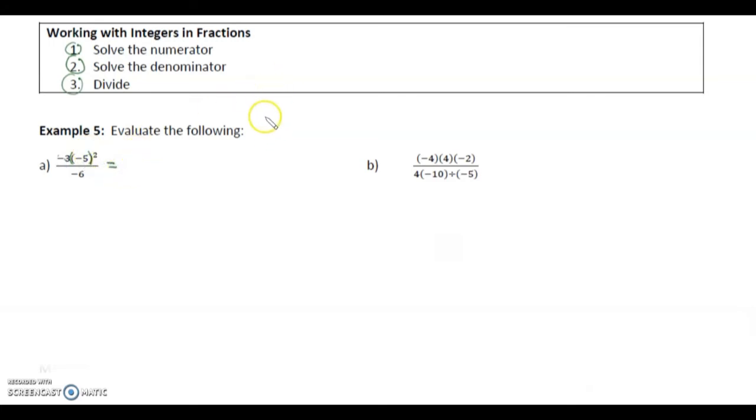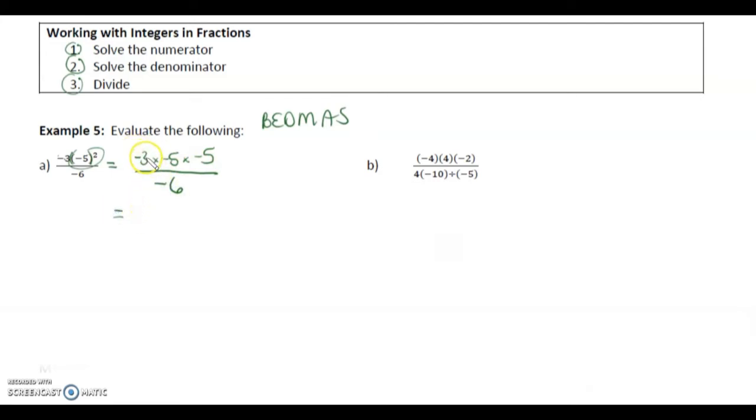A little bit of BEDMAS here, but we will get into BEDMAS a little bit deeper. This is mainly just multiplication and division. So what we have here is -3 times -5 times -5. Okay, because -5 squared is -5 times -5. And we're going to divide that by -6.